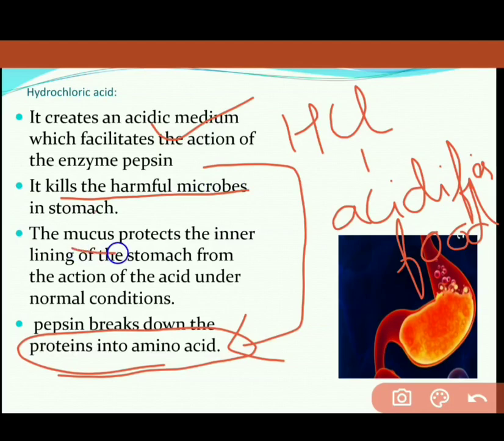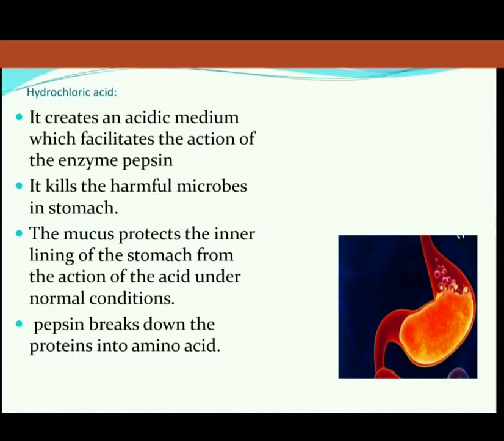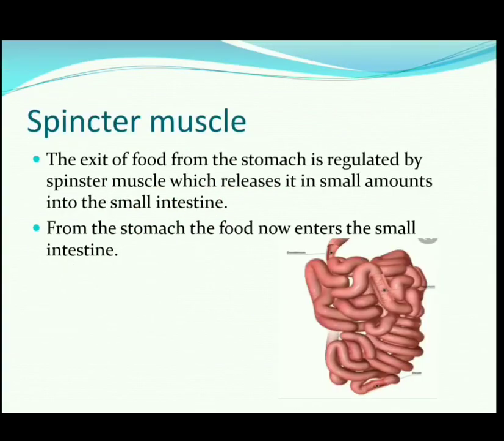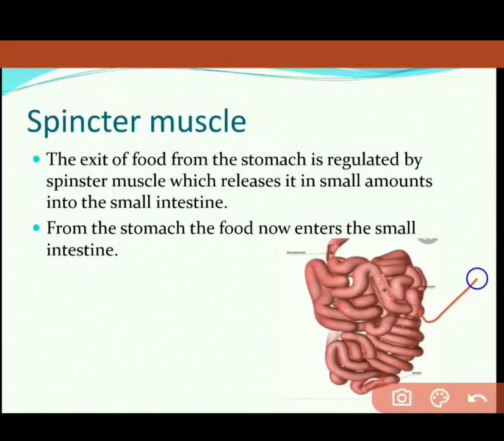And the mucus that is present in the lining of the stomach neutralizes the acid. That is, if excess acid is produced in the stomach, it is regulated by the mucus. It protects the inner lining of the stomach from the action of the acid under normal conditions. After that, the food goes to the small intestine.